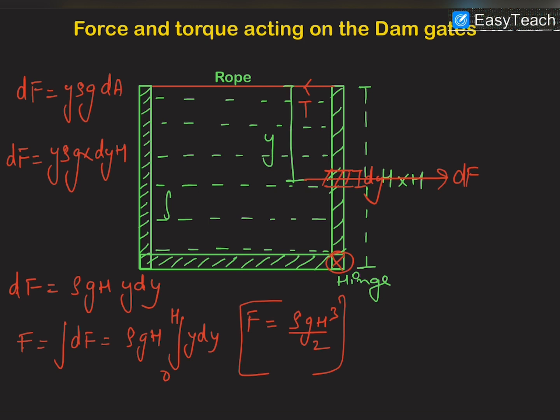Now if we talk about the torque, to find the torque, let us consider a small torque d tau due to this dF.